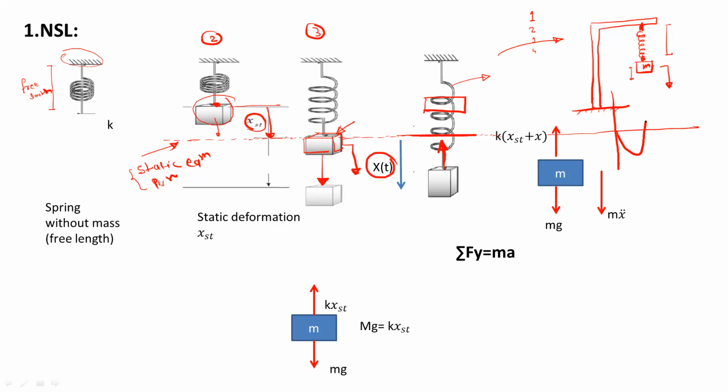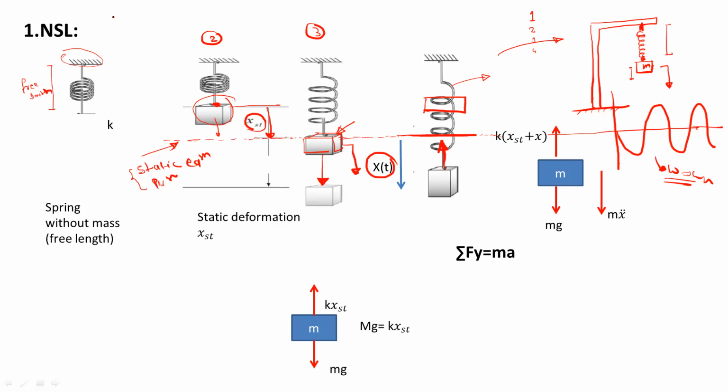After equilibrium, it will cross the equilibrium, again move to the top extreme position, and again travel to the mean equilibrium, that is static equilibrium. This cycle will repeat for the free vibration. This vibration is called free vibration, and for this vibration, we need to find the frequency, called the natural frequency. Let us see how to find this frequency.